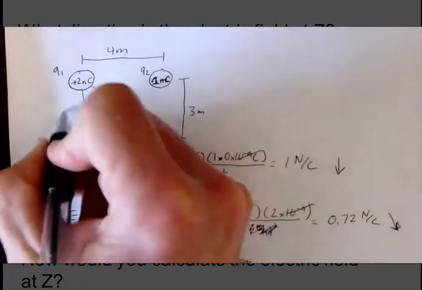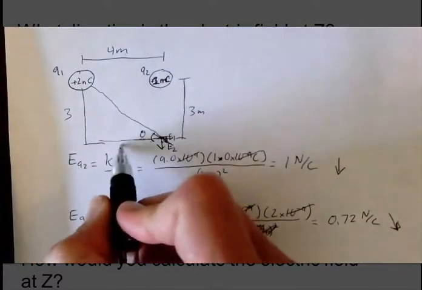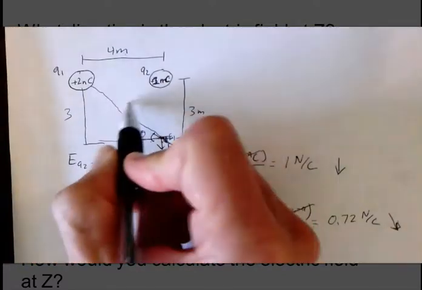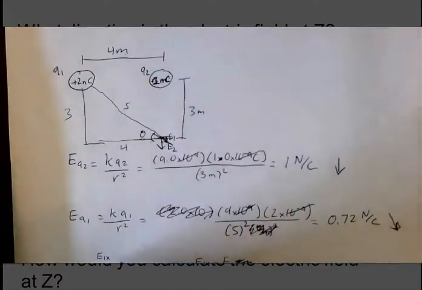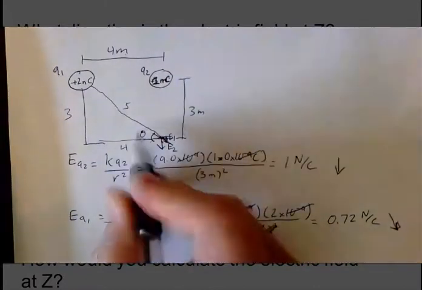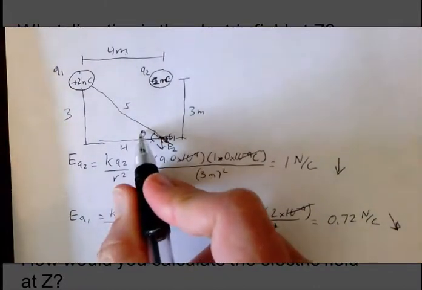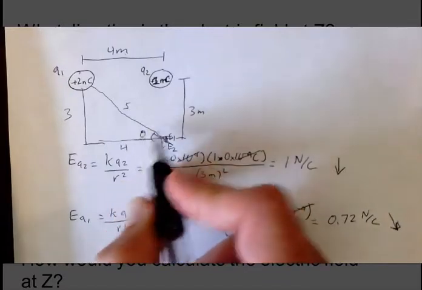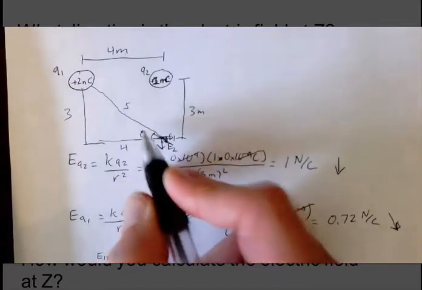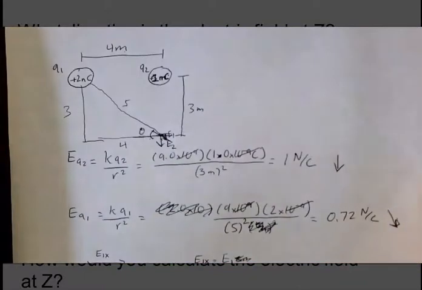This we knew was 3, and we know that this is 4, and we know that this is 5. And if I have that angle here, you can find this angle. You can go ahead and use trigonometry if you want to. Take out your calculator, do inverse sine or inverse cosine or inverse tangent of something there, say inverse tangent of 3/4. And that angle is like 36.8 degrees or something like that.